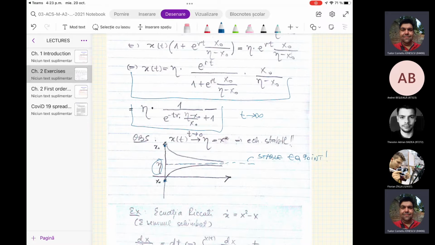But the full capacity of the lake is the stable equilibrium point because no matter how much fish you introduce in the lake, it will always go to the full capacity of the pond, even if it's too much fish or too few fish.